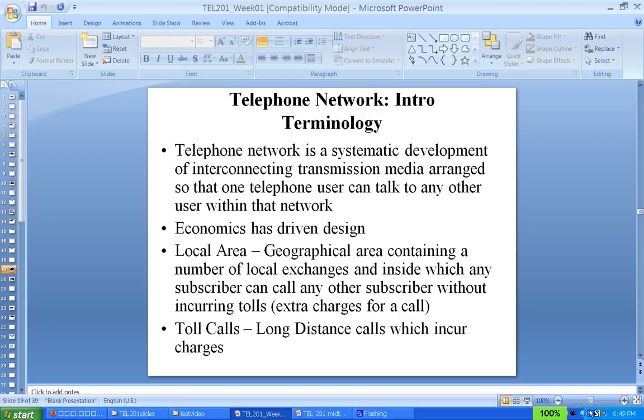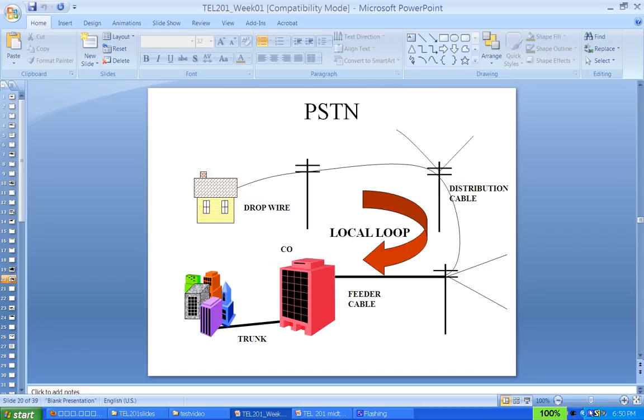Also, we need to understand some basic terminologies used in the telephone network. What is a toll call? Okay, something like that. And we need to have some idea of how each element in the PSTN network relates to each other.